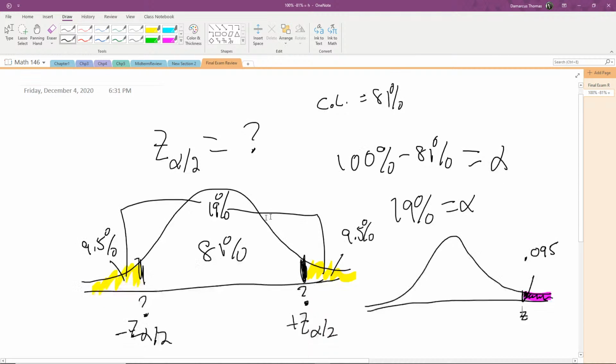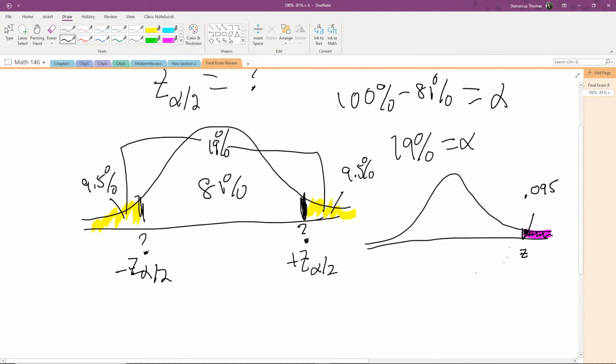Well, we could get that pretty easily because the area of the whole thing is 100. So the area to the left is going to be 1 minus 0.095, which is going to be 0.9015.